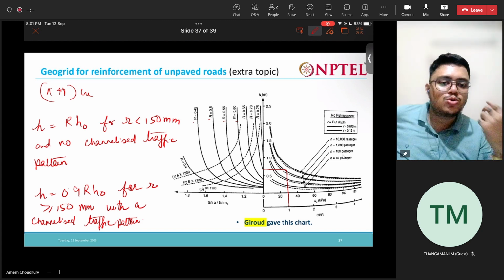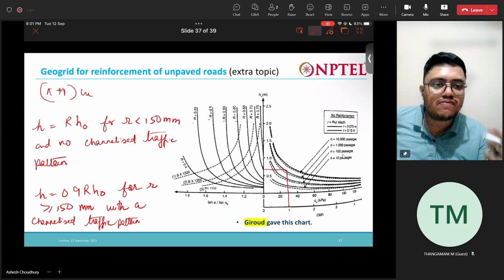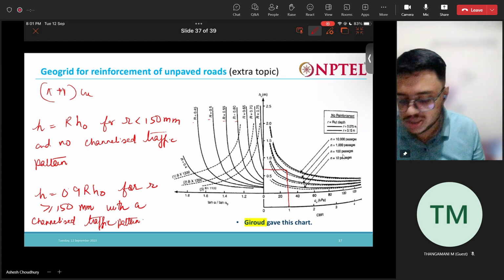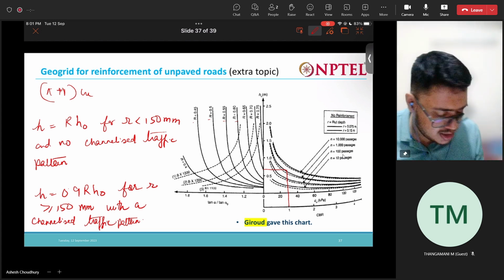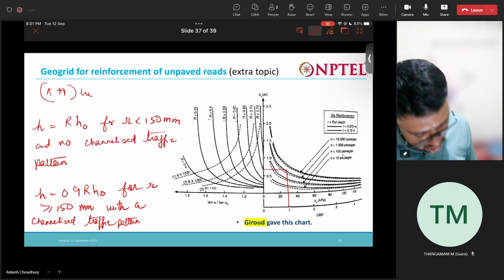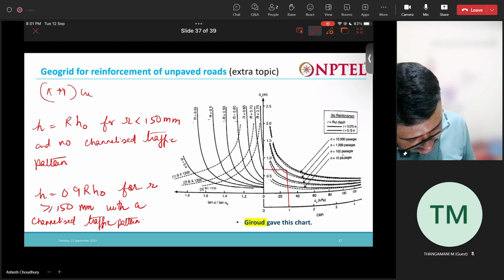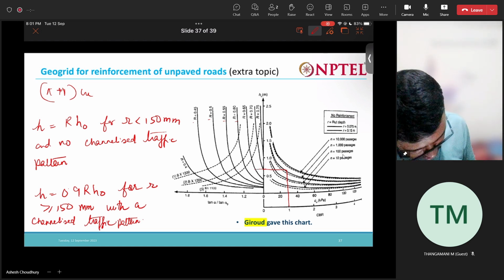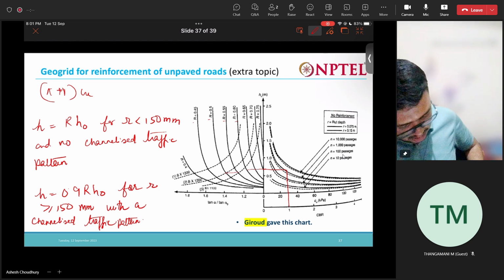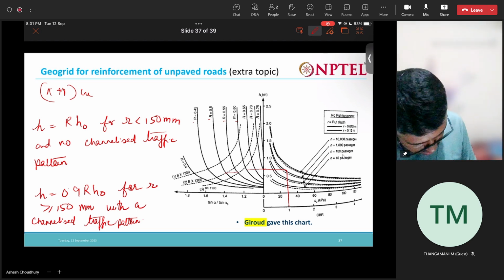The actual value of alpha, the dispersion angle when we are reinforcing the soil, we can get from here. Ours is BX 1200. Let us extend this curve to here.